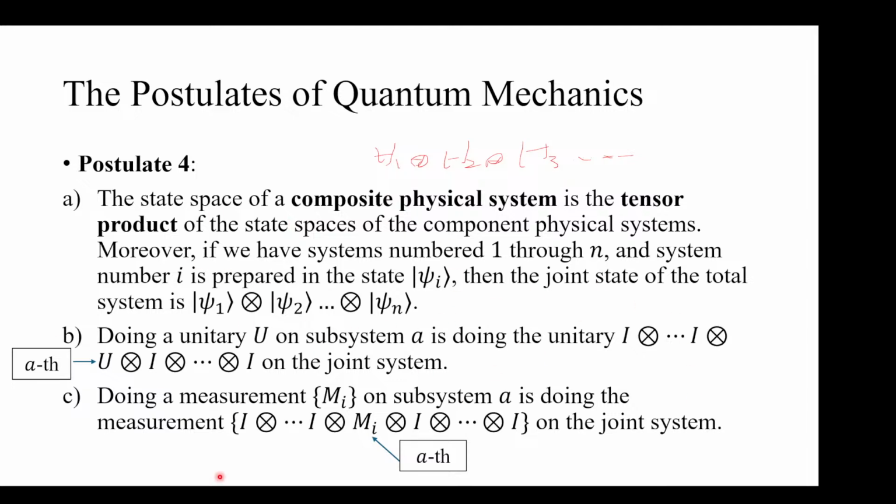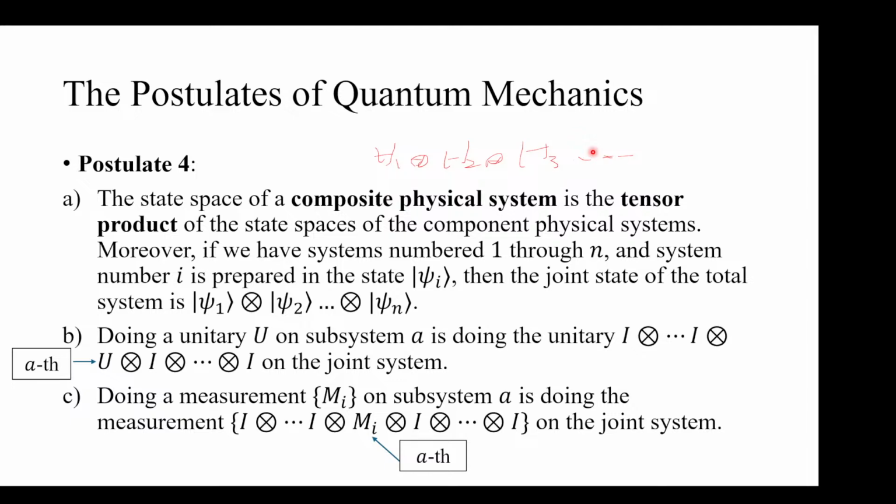The answer to all of them is the tensor product. The state space is the tensor product of all the individual state spaces. If you have the Hilbert spaces H1, H2, H3 for each individual system, then the state space is the tensor product of all of them.